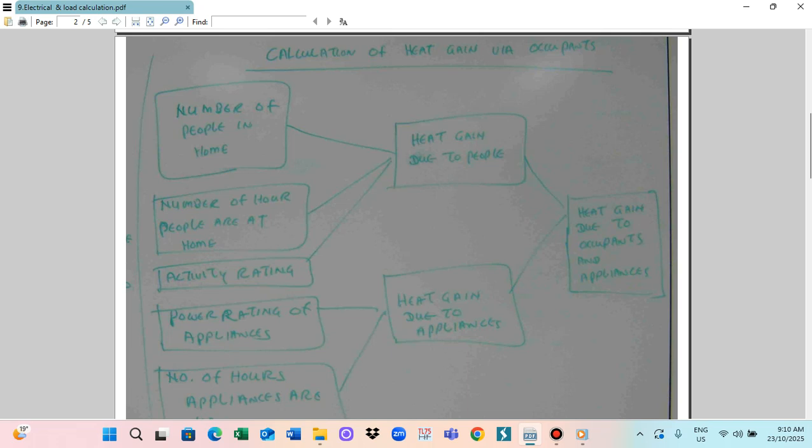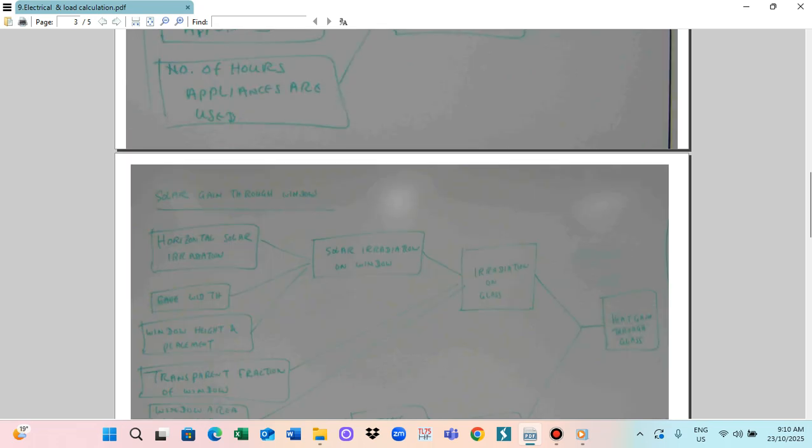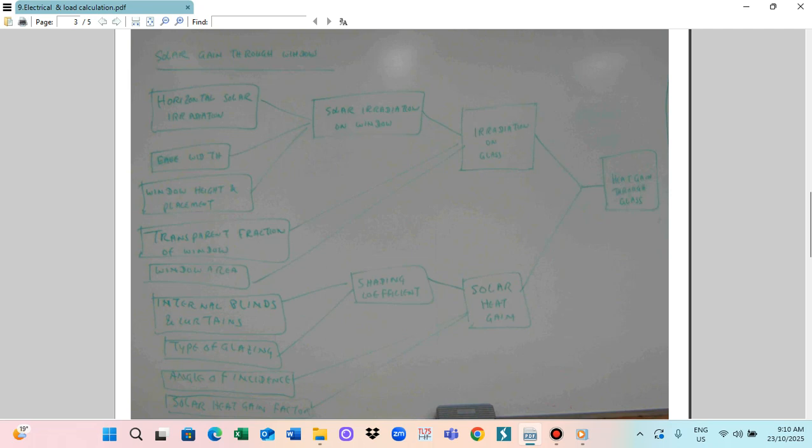Okay, so this is how we calculate the heat gains by the occupants. Another one is heat passing through the door and window. So heat usually passes through the door and window. So the door construction and window construction, the size of the window area, door area, and also the kind of glass utilized and the shading effect also influence the heat transfer.